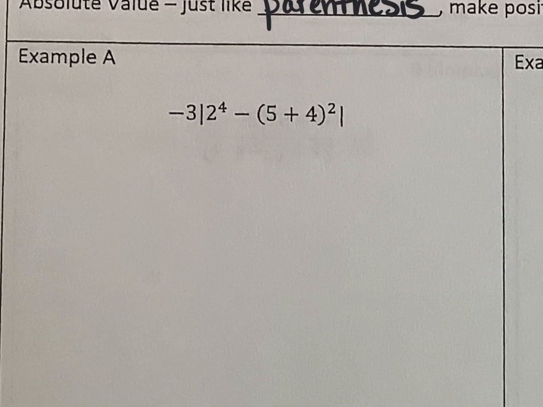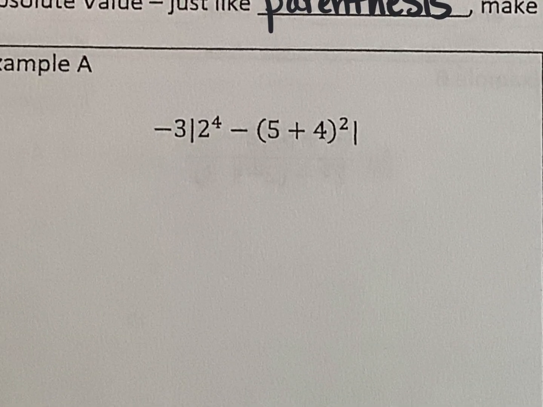All right, let's do this first one together. And you do treat the absolute value just like parentheses, but I'm going to bold them out and make them a little bit longer. I don't want to accidentally think that's a 12 raised to the 4th power. So I keep my negative 3 out front. Now my question is, what's that operation between 3 and what is left? Multiply. Good. All right, so I have absolute value.